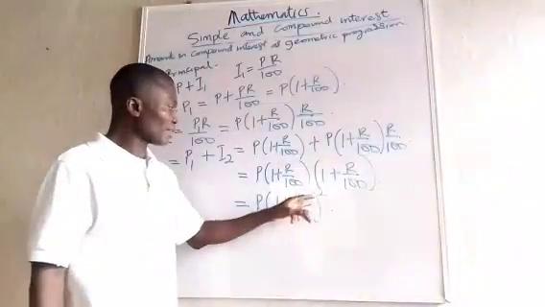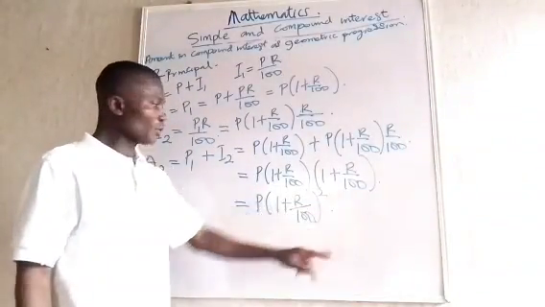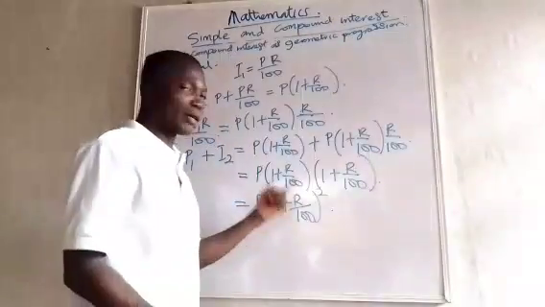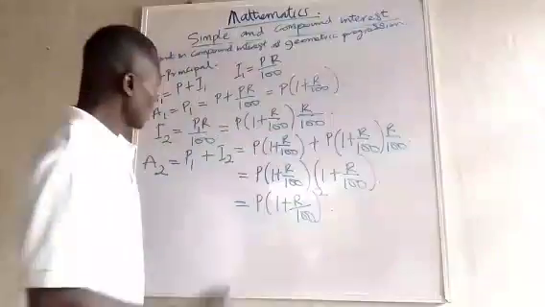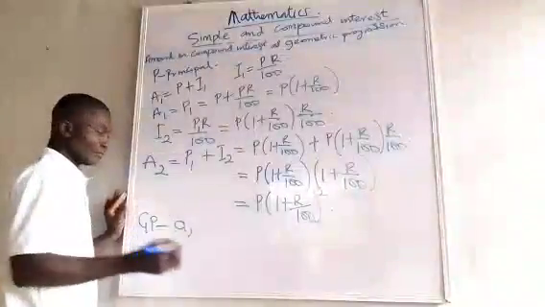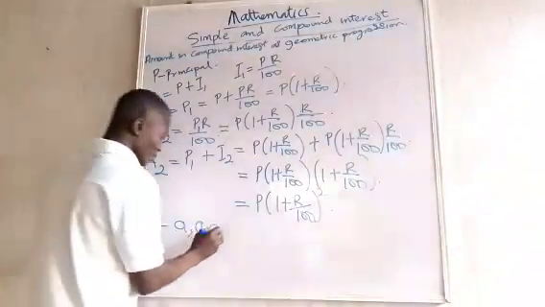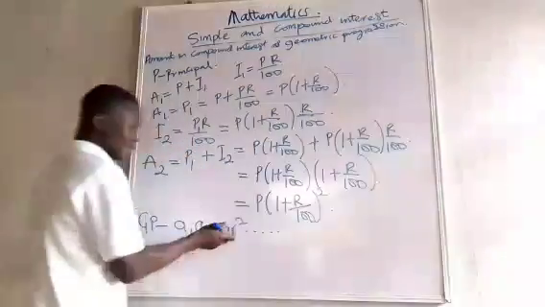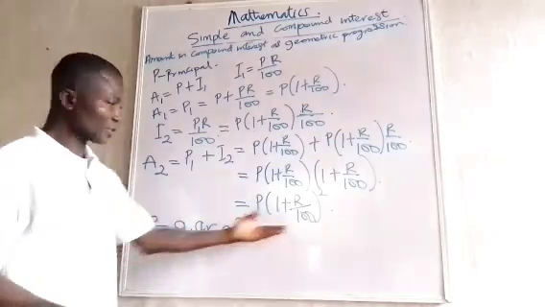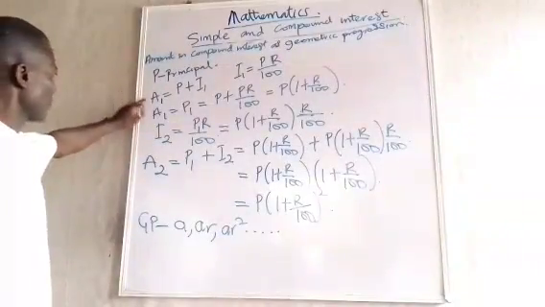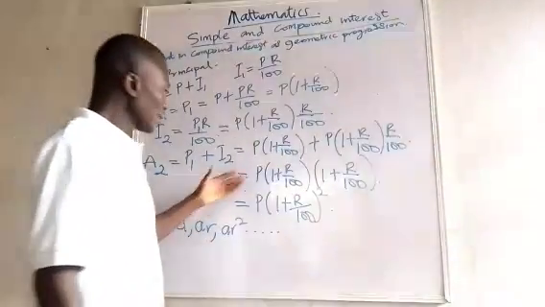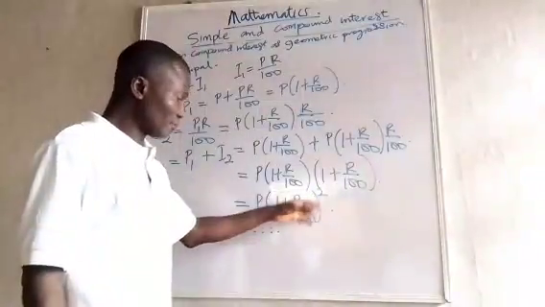So which means that in this instance, our common ratio is 1 plus R over 100. Just like in GP. You know in GP, when we have our first term as A, the next term will be AR. After that, AR squared. So you can see that it is increasing with common ratio R. But in this instance, our first term, we call it P. Our next term, we call it P into 1 plus R over 100. The one after that is P into 1 plus R over 100 squared.